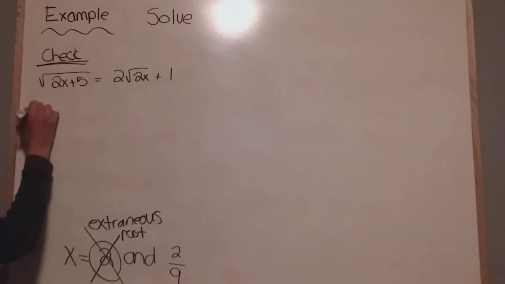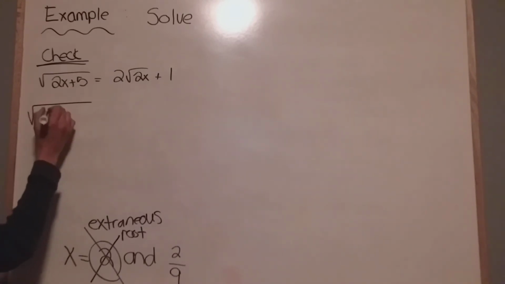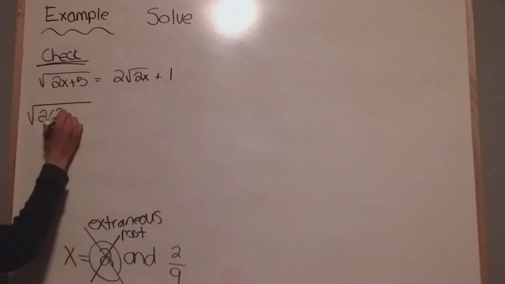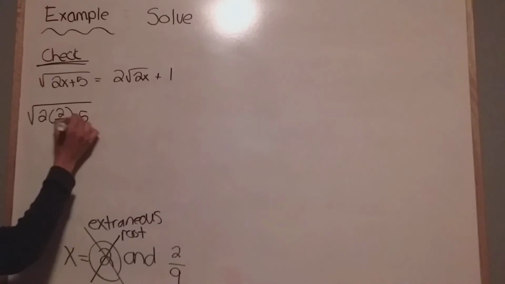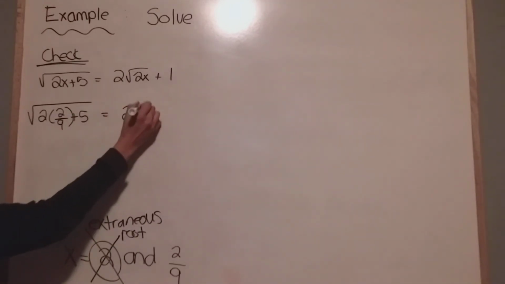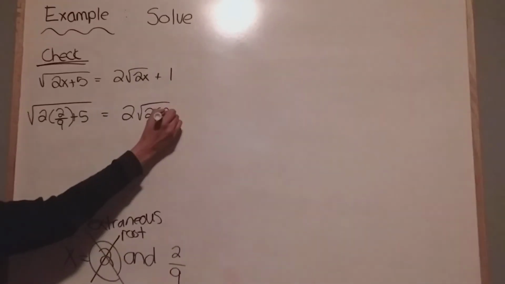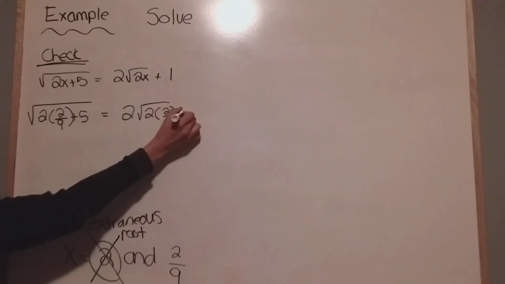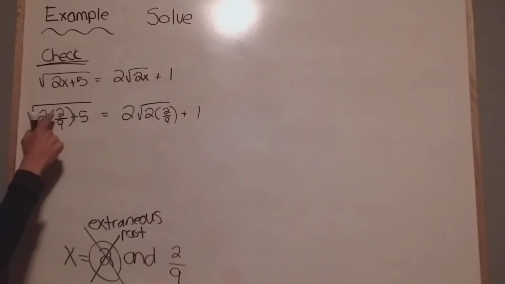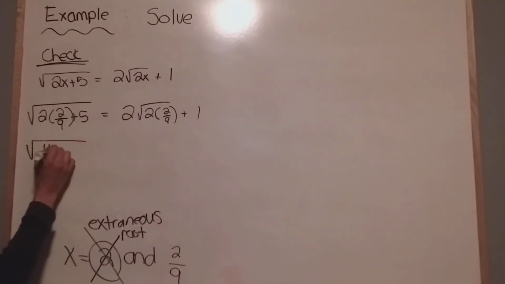So this becomes the square root of 2 times 2 over 9 plus 5 equals 2 times the square root of 2 times 2 over 9 plus 1. Here 2 times 2 is 4, so 4 over 9. So this becomes the square root of 4 ninths plus 5.